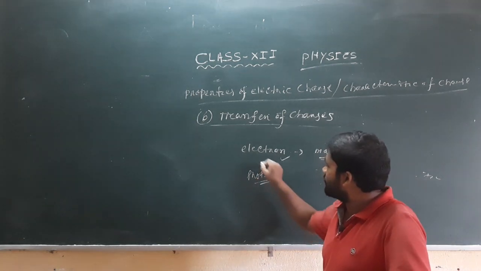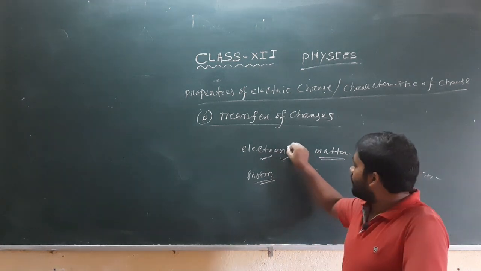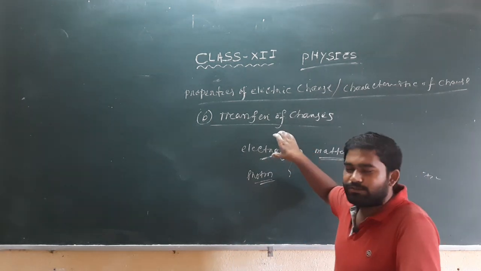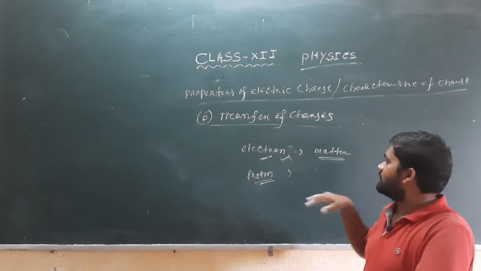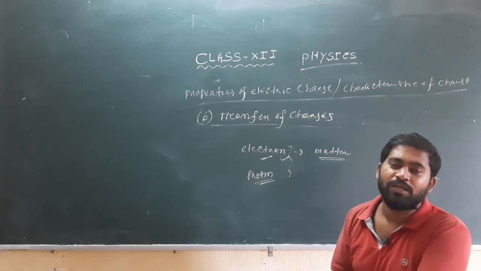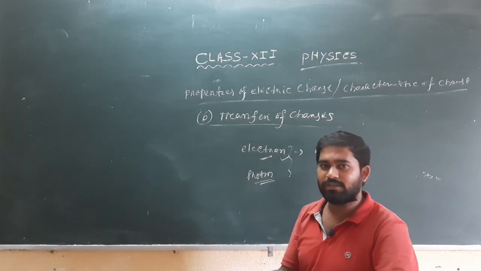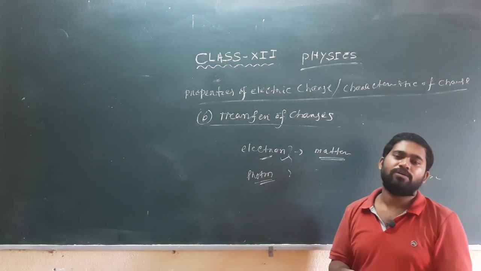When proton and electron both transfer from one body to another body, they always affect their masses. Though electron is a light mass particle, since electron is a material particle, when transfer of electrons takes place from one body to another body, there is also a change in masses of the bodies.